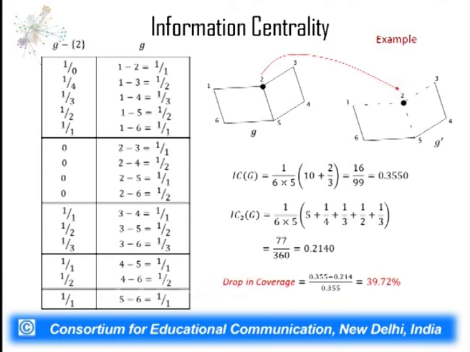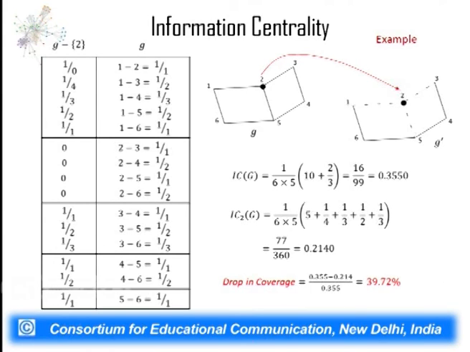Okay, so we take one more example over here. It will clarify the entire thing. Say we have this particular graph, a very simple one, over 5 vertices, and say we are interested in finding the impact of node 2 if it gets eradicated from the graph, and what happens to the connectivity.